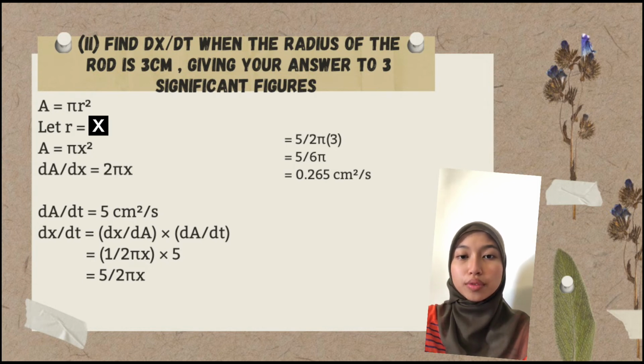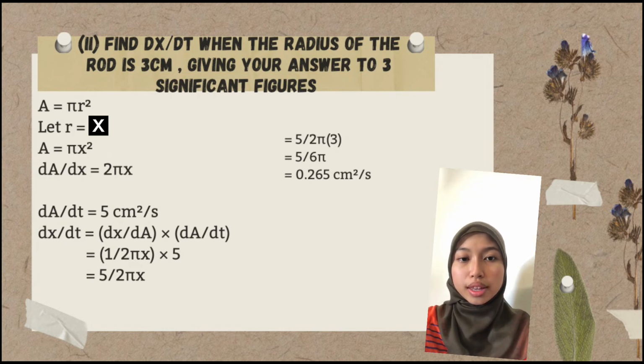First, from the question, it states that the cross-sectional area of the rod is increasing at a constant rate of 5 cm² per second. So, dA/dt equals 5 cm² per second. We can use the formula A equals pi r squared.